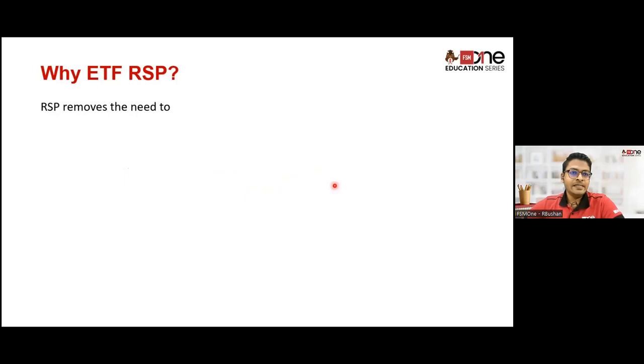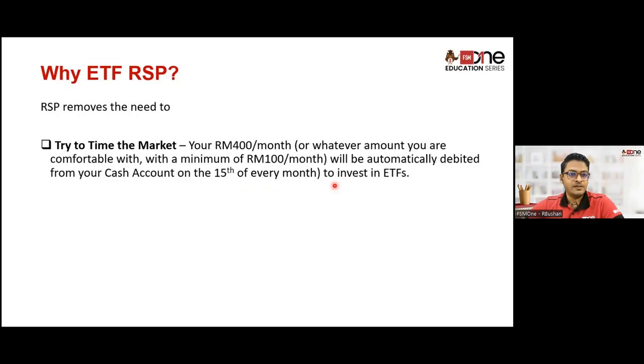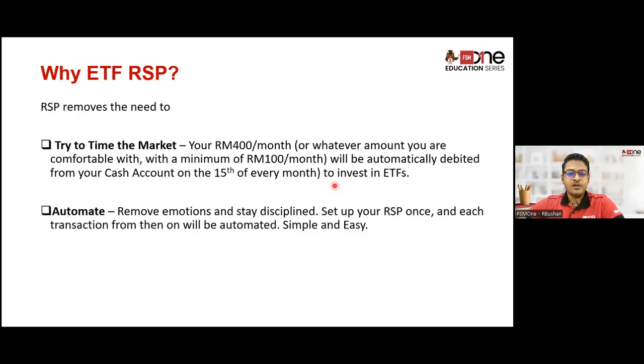So why use this method? You could actually do a lump sum and then wait, or you could use this method. But why I choose this method is that I don't have to try to time the market. And most importantly, I could automate this entire process, right?